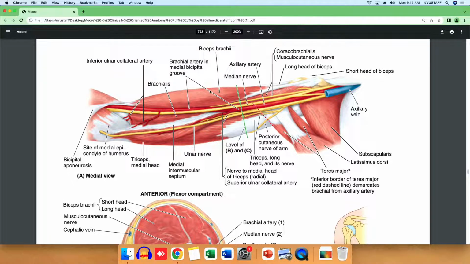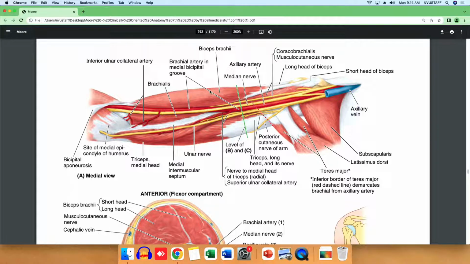Now, in my previous lecture, I mentioned that if we talk about the whole upper limb, even including the pectoral girdle, we can subdivide all of the muscles into two main compartments. So they are the anterior compartment and the posterior one.